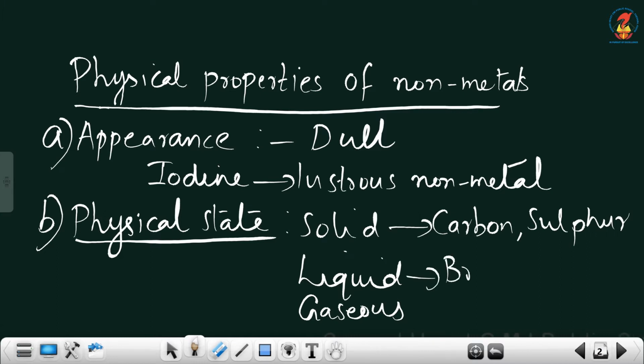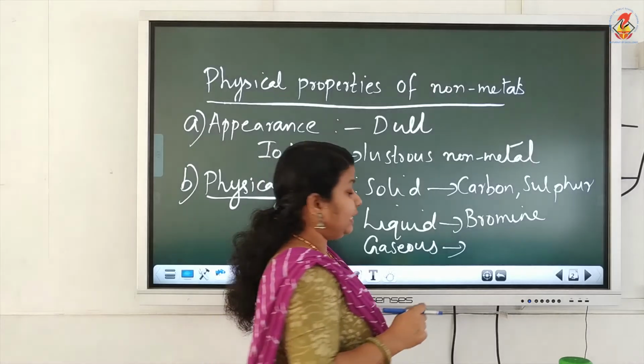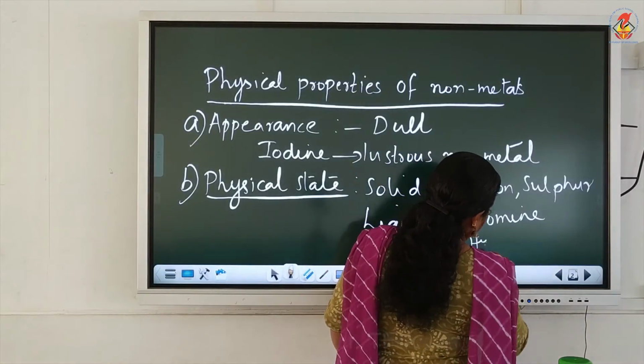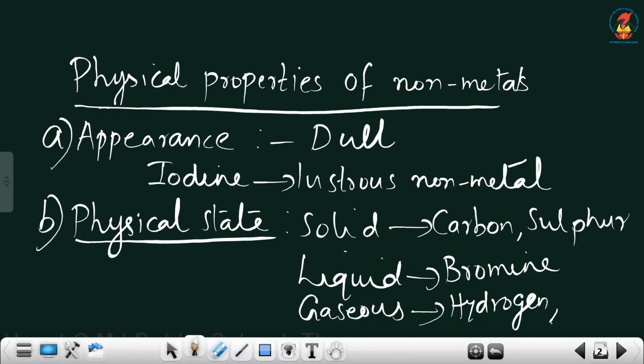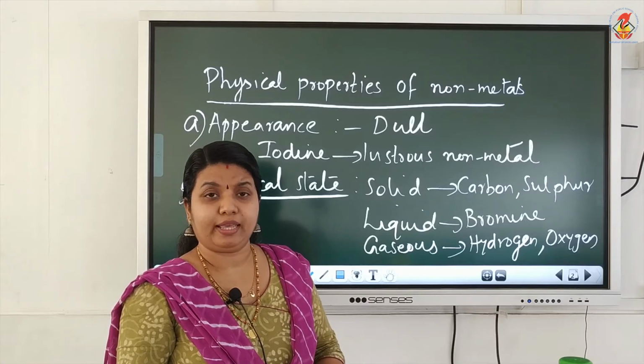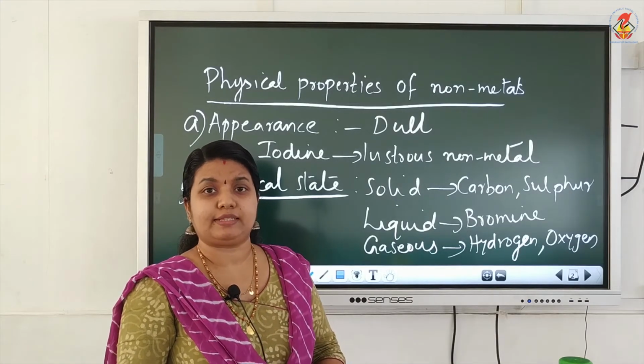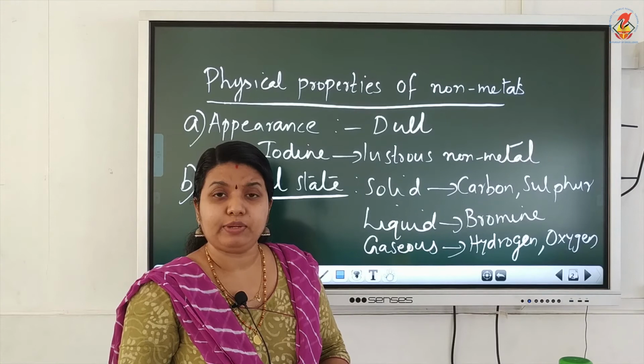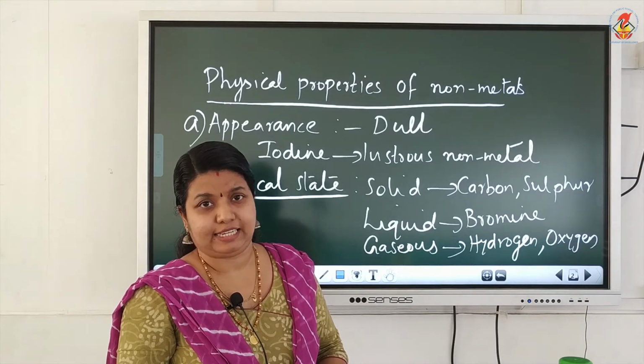Then there is a liquid non-metal. This is the only liquid non-metal, that is bromine. And in gaseous state, we have many non-metals. Most of the non-metals exist in gaseous state like hydrogen, oxygen, nitrogen. So, unlike metals, non-metals can exist in solid, liquid and gaseous state.